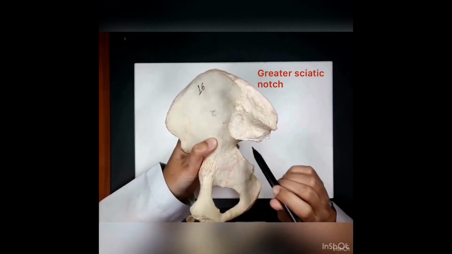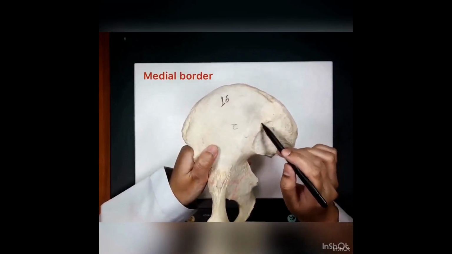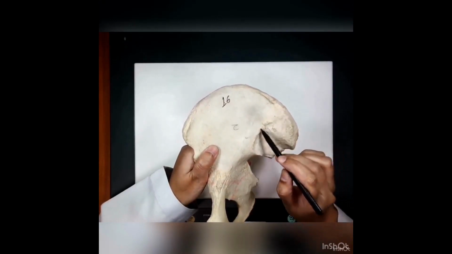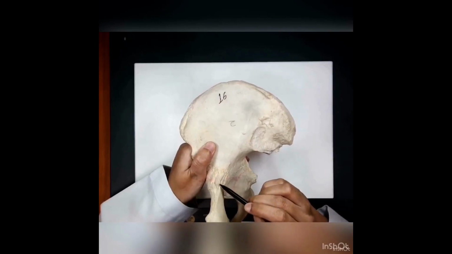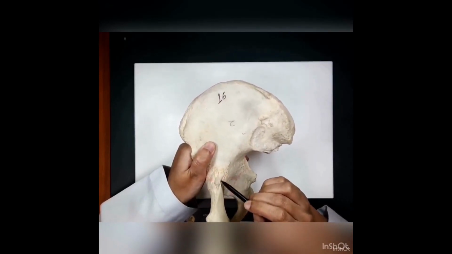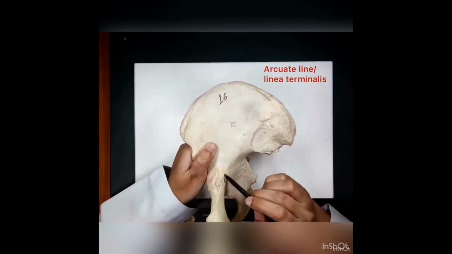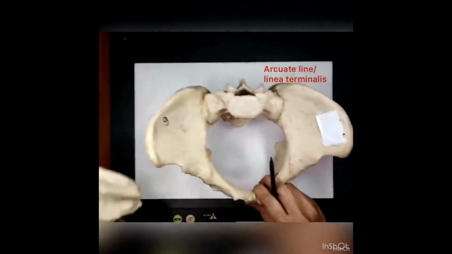Okay. Now the third border is the medial border. This medial border extends from the iliac crest to this prominence. This prominence is known as iliopubic eminence. And this medial border forms a part of the arcuate line. The arcuate line is also known as linea terminalis. What is arcuate line?